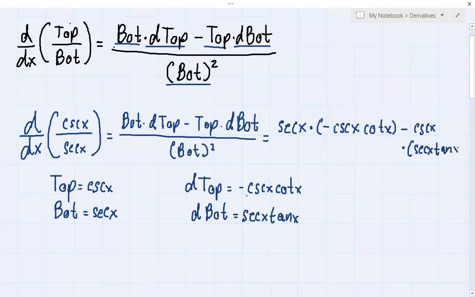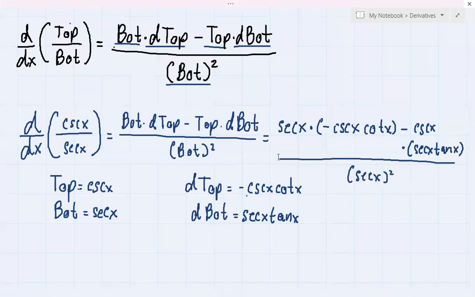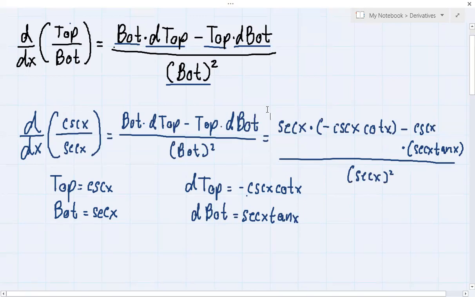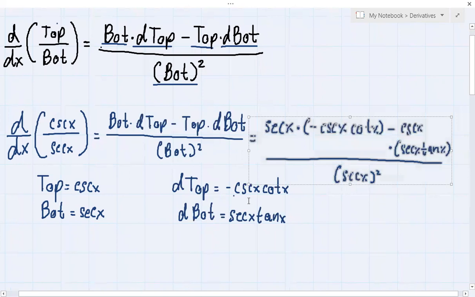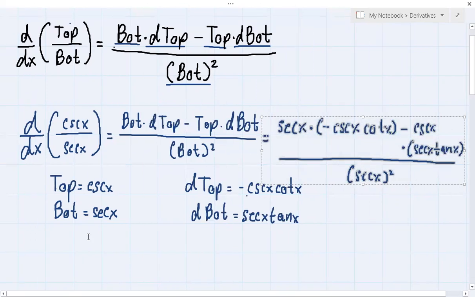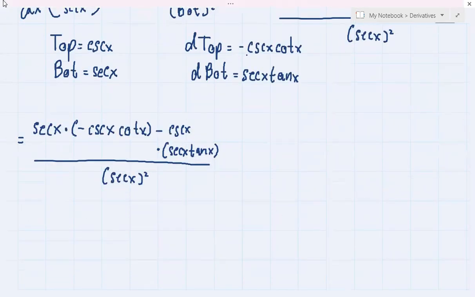Ayan. Now, yung huli, which is yung bot squared or square ng bottom, which is square ng secant. So, since wala akong space, I'm just gonna continue writing this formula sa baba. Okay, so copy. Tapos, lagay ko siya dito. Ayan.